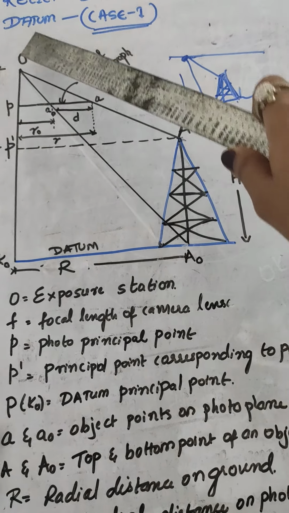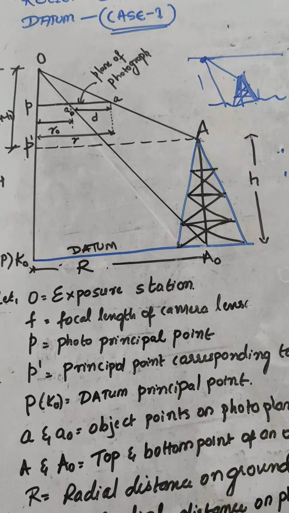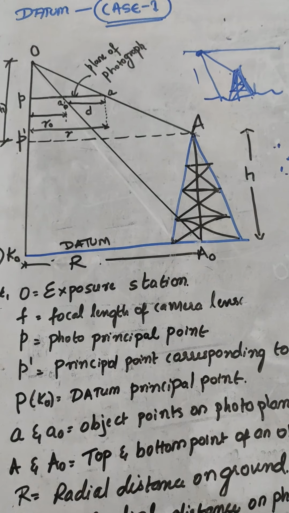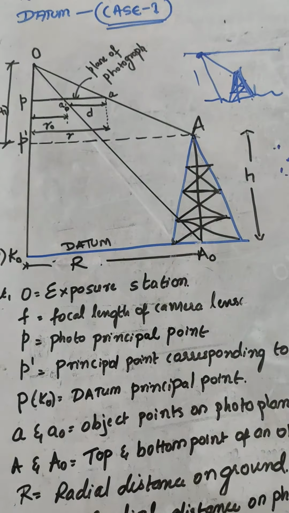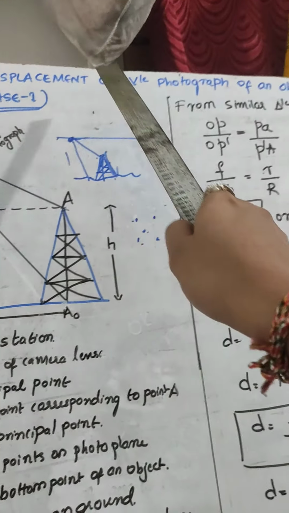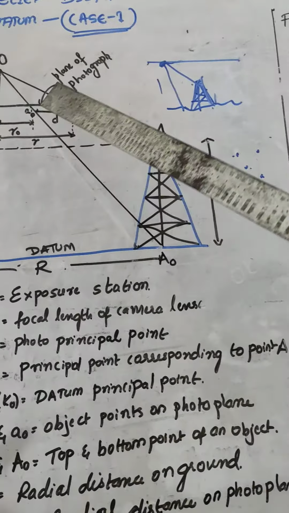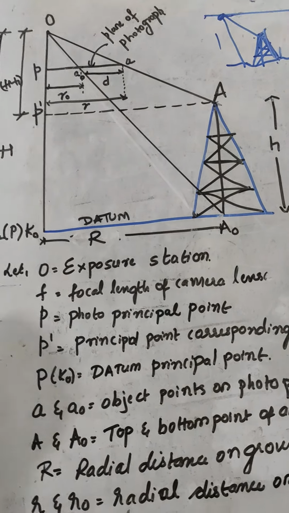Okay, and this is the principal axis of the camera. If here is the camera lens, you can see the plane with the lens, and it is a vertical photograph of an object, that means this is the vertical condition.